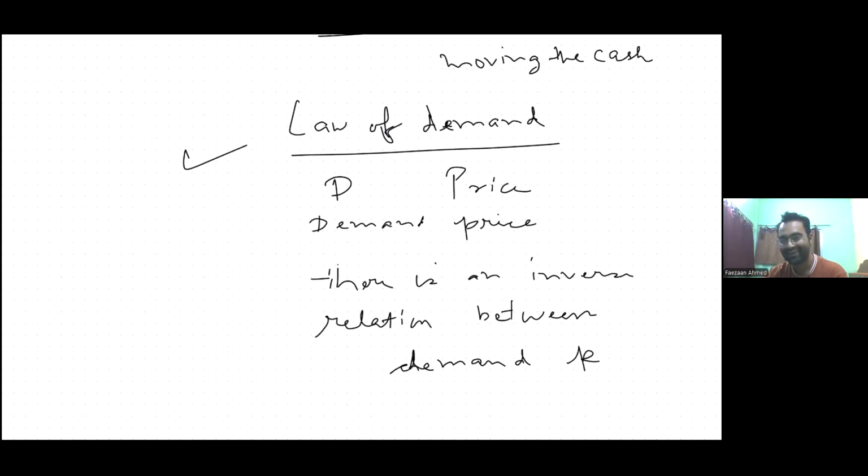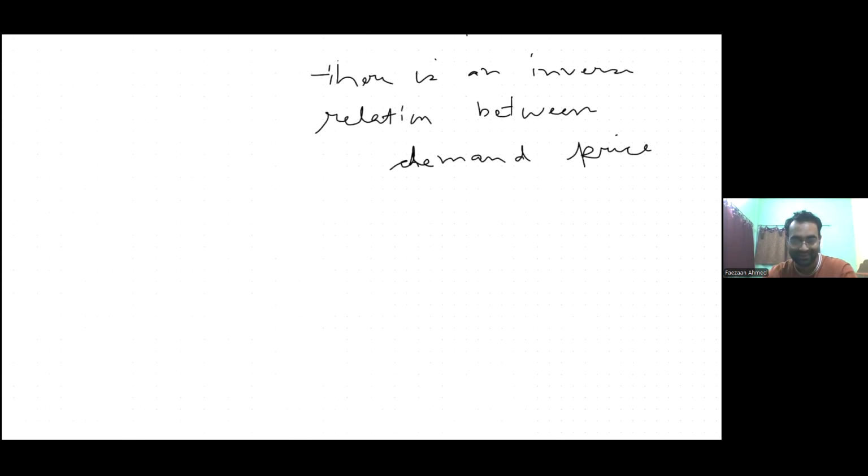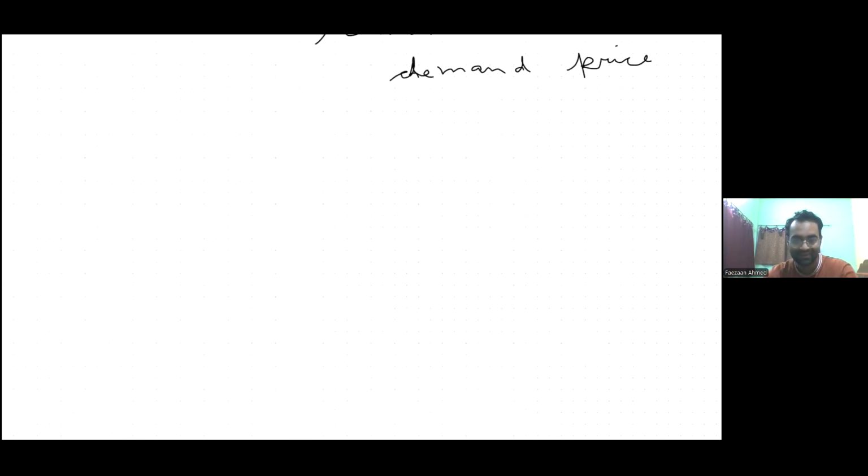Pardon my handwriting. I'll try to improve this handwriting. I think I'll have to work on this, but I'll write it again over here. So there is an inverse relationship between demand and price.